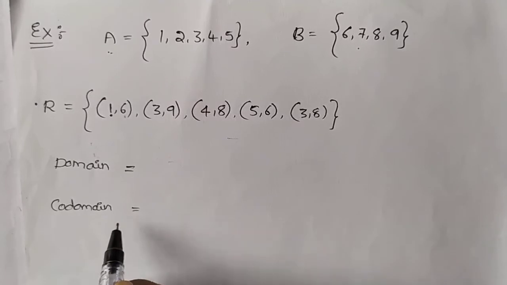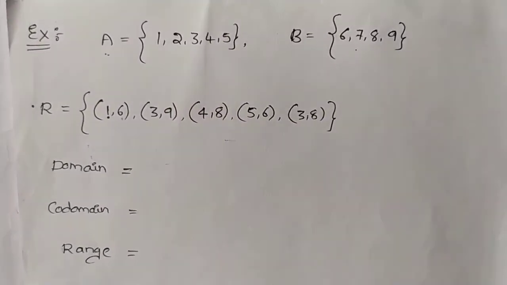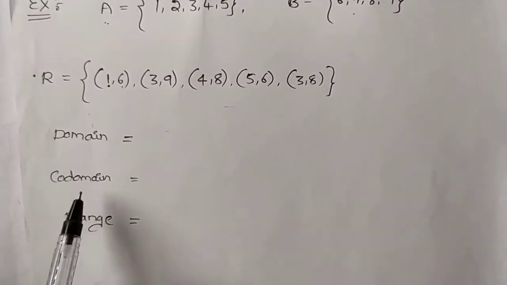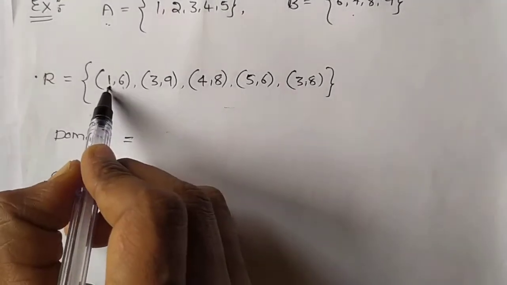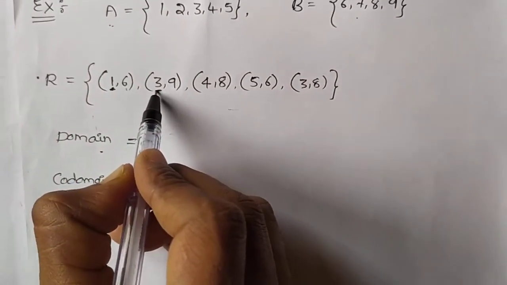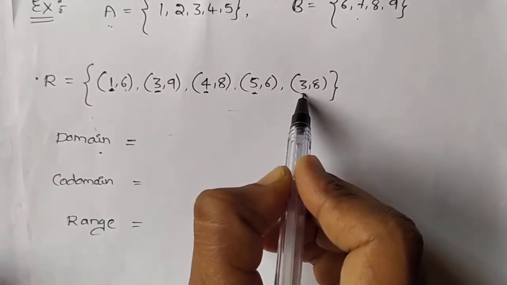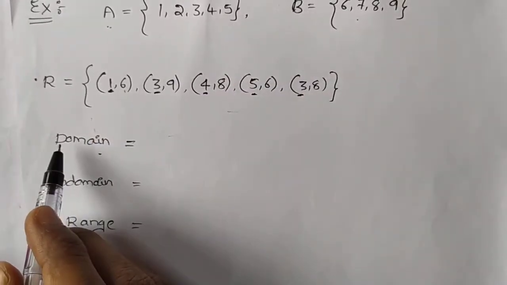You just see the definition of the domain. The set of all first elements of the ordered pairs in a relation R from a set A to a set B is called the domain of a relation.